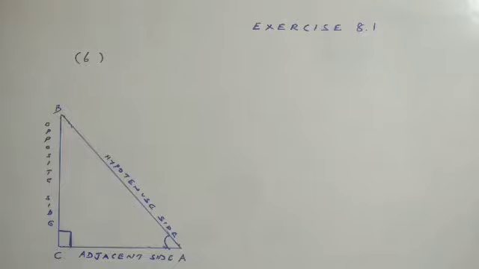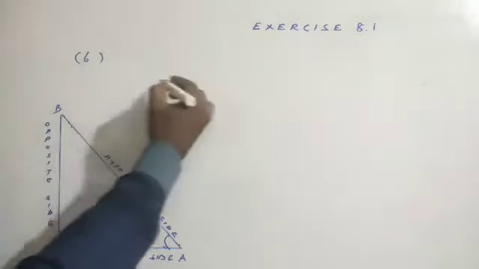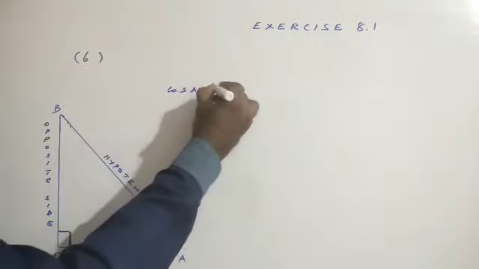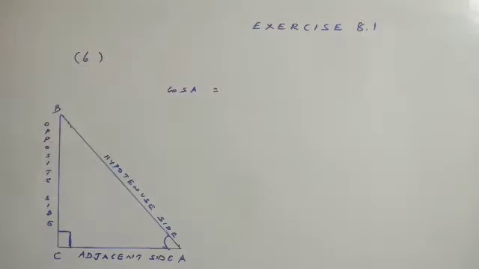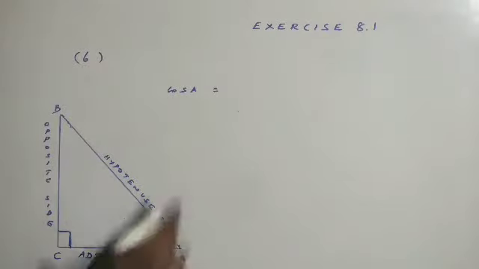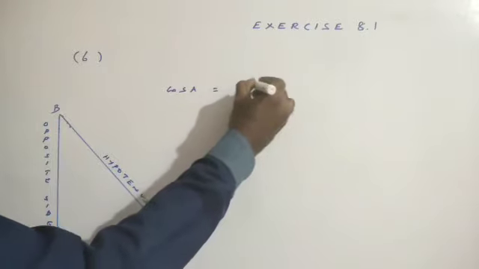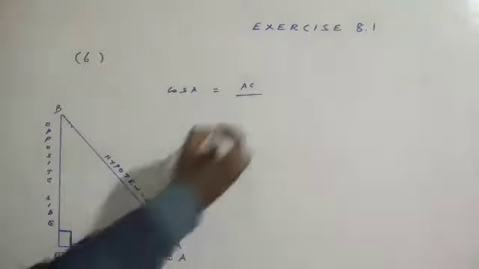Slant side is hypotenuse side. They are asking cos A. We know that cos theta equal to adjacent side by hypotenuse side. Here adjacent side, that is AC or CA, by hypotenuse, that is AB.